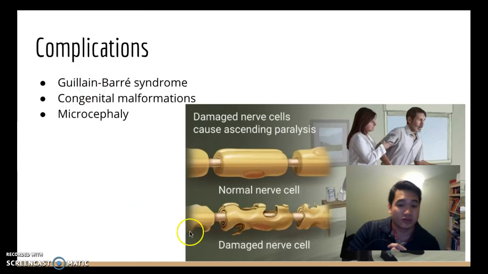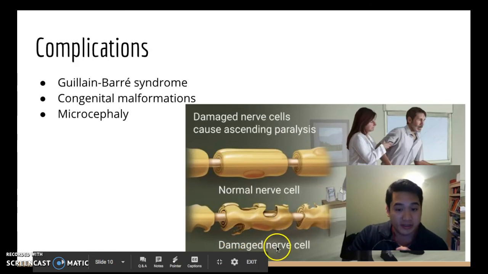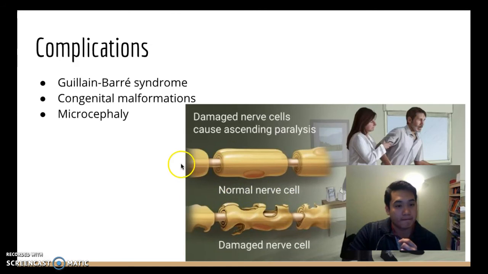This top image is a normal nerve cell, and this bottom image is the very damaged nerve cell. You can see the degradation on what I believe is a myelin sheath, which is just this protein that covers nerves.